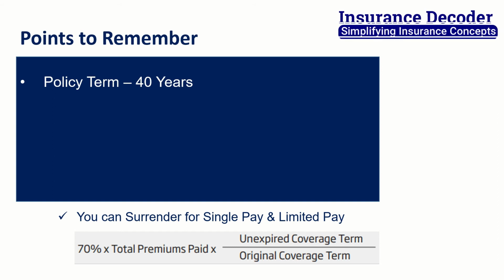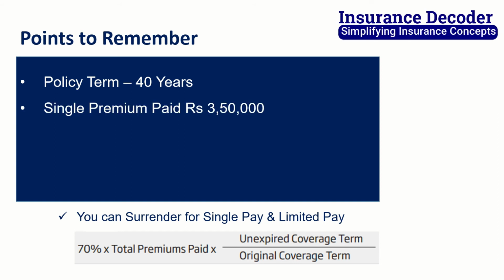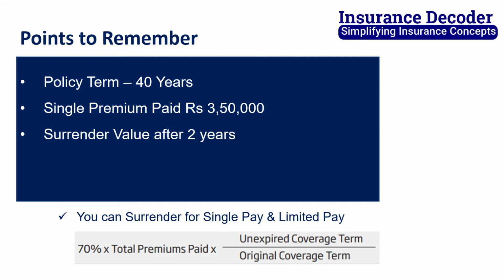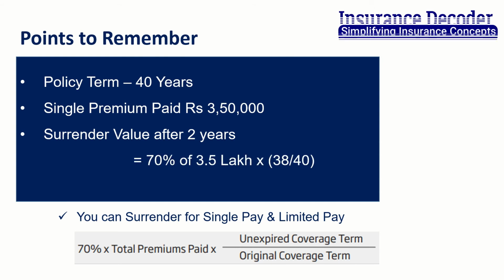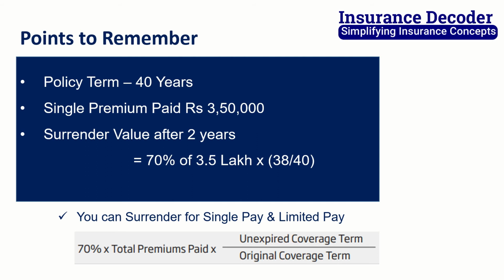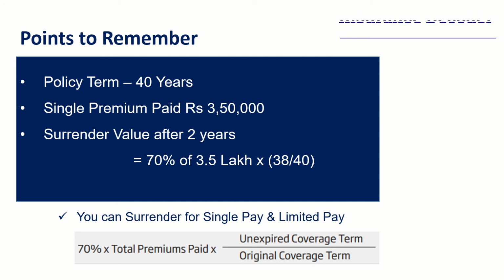For example, if the policy term is 40 years and the single premium paid is rupees 3,50,000, and then after 2 years the person wants to surrender the policy, how much will he get? 70% of 3.5 lakh, multiplied by 38 divided by 40. 38 is the unexpired coverage period because he has covered only 2 years, so the remaining policy period is 38 years and the entire policy period is 40 years.